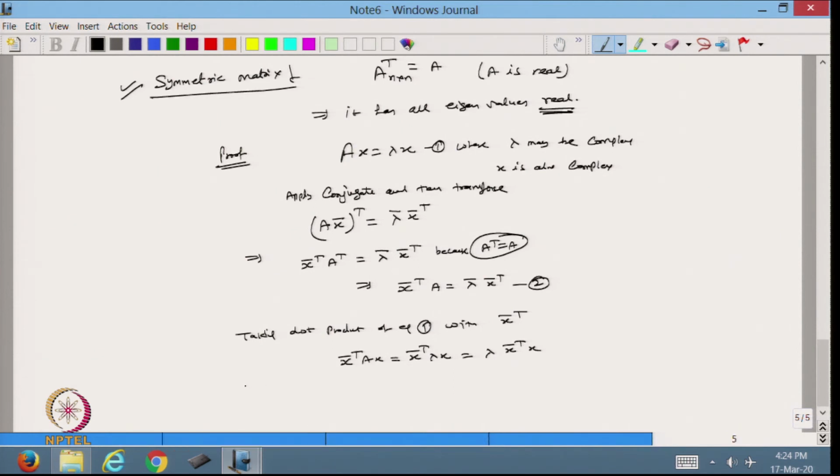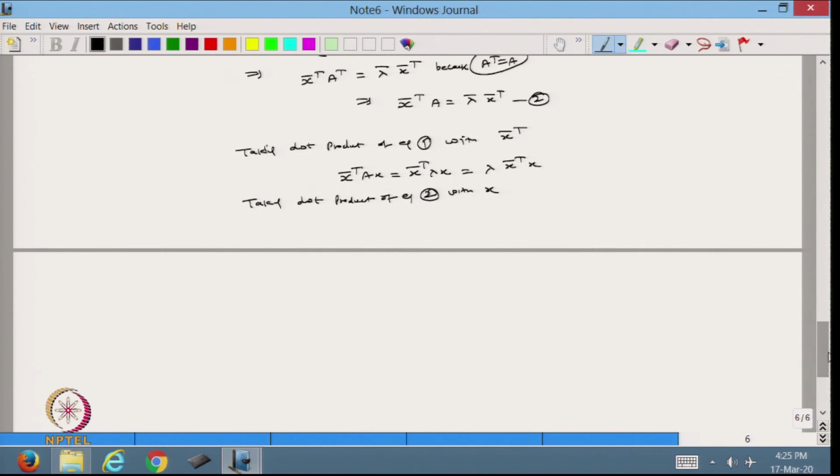Same thing I am going to do by taking the dot product of equation 2 with x. So, I will get x bar transpose A x is equal to lambda bar x bar transpose x.